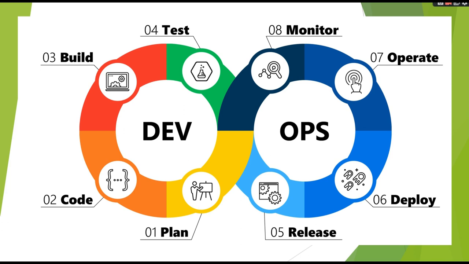Then the operate and monitoring phase is basically an operations activity where they monitor, operate, and troubleshoot the problems occurring in the current production environment, and how it is communicated again to the coders. That is the continuous delivery process.